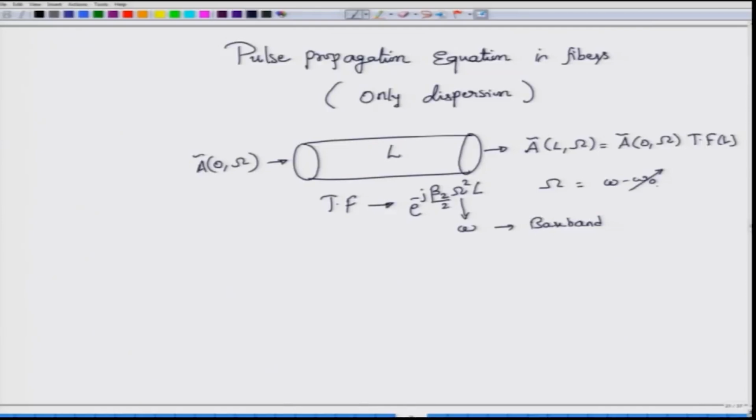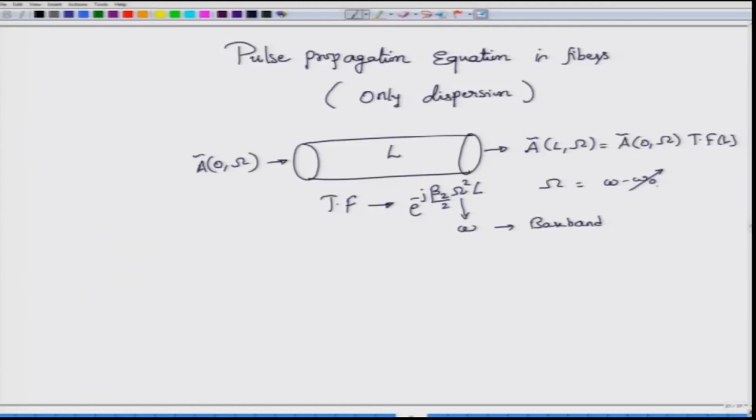I hope this small change should not distract from the fact that the transfer function is a complex number. For a given value of L, it depends on beta 2 and omega square, where omega is the different frequency components of the pulse launched into the optical fiber.